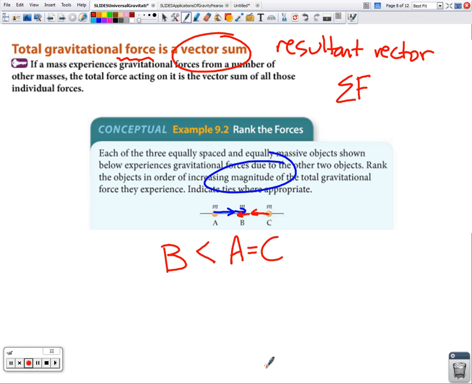But those are on two different objects. Blues are acting on A, reds are acting on C. They can't cancel each other out. I'm just saying technically the only one pulling A would be B. Nope. If we removed B out of this picture, C would still be pulling A.